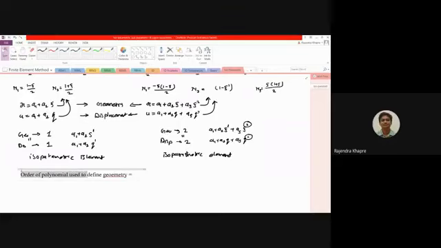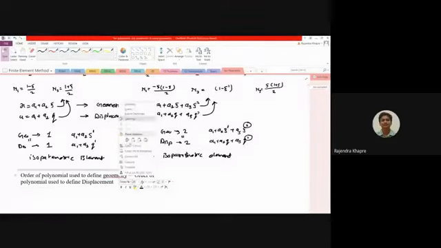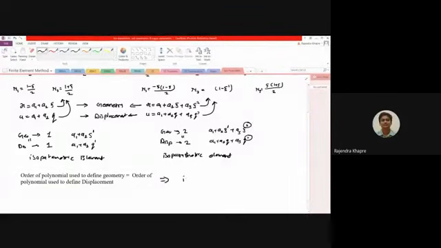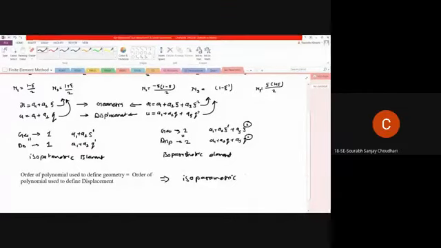Okay, so this is exactly same to define the displacement. Okay, so in this particular case it is called an isoparametric element. Okay, I hope this is clear to everybody. Is it okay? Yes, sir.